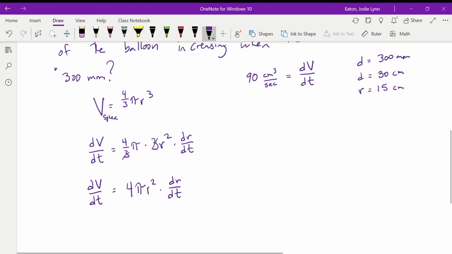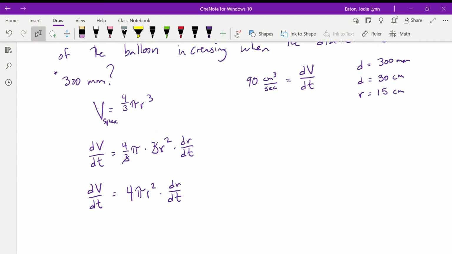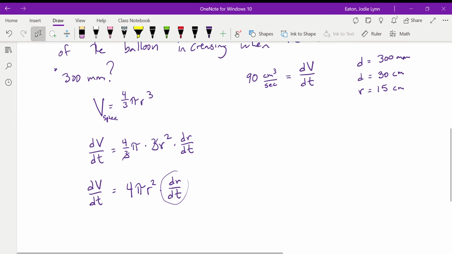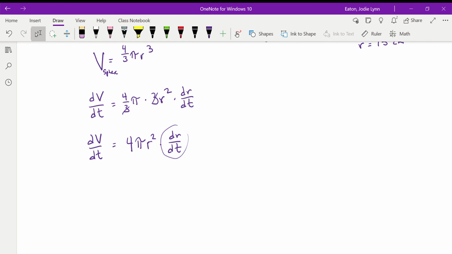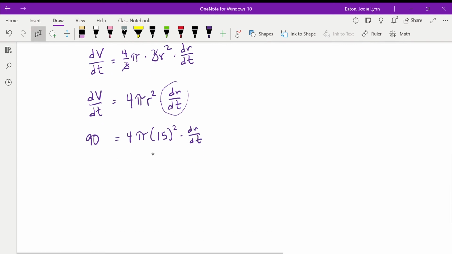We're trying to find the rate at which the radius of the balloon is increasing. That's going to be dr/dt. That's our unknown. We know what the radius is. It's 15 centimeters at the point we want it. And we know what dV/dt is. It's 90 centimeters cubed per second. So we're going to substitute these in. We have 90 equals 4 times pi times 15 squared times dr/dt. 15 squared is 225, times 4 is 900.